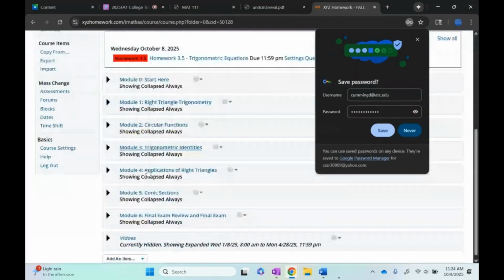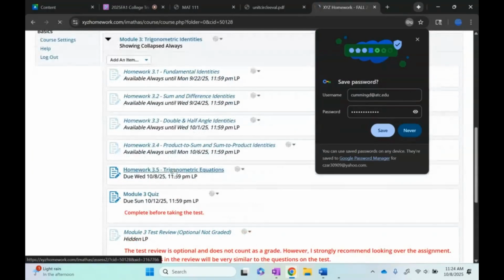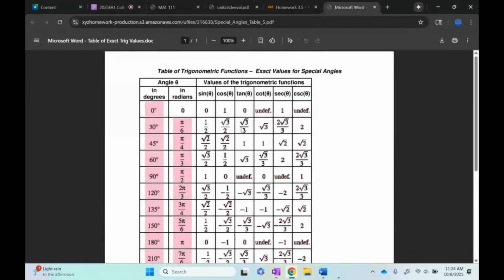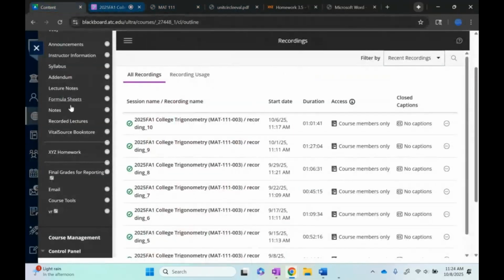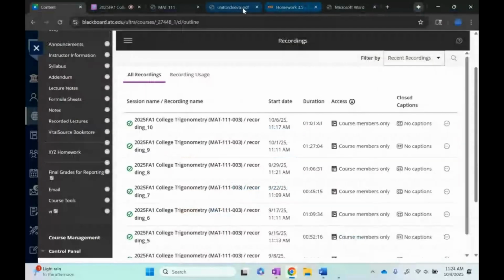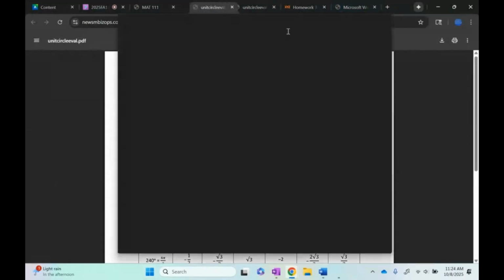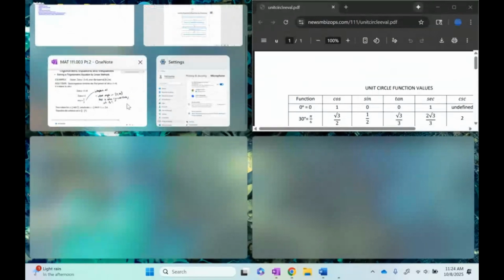All right, so there is one embedded in the homework. I did try to print it out, but for whatever reason, it didn't print these values out. But that same document that I handed out is in the formula sheet section. All right, so let me just bring that up. Okay, this is what we're actually using.